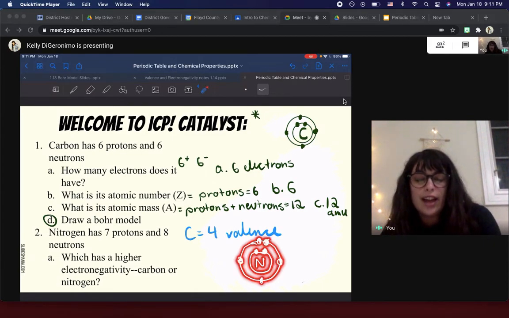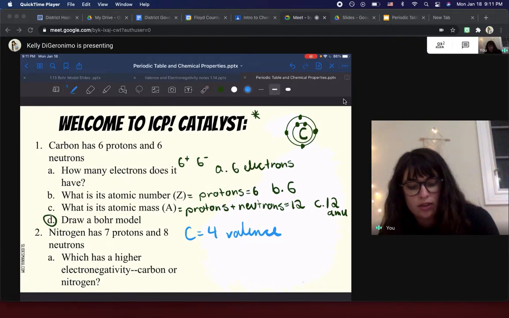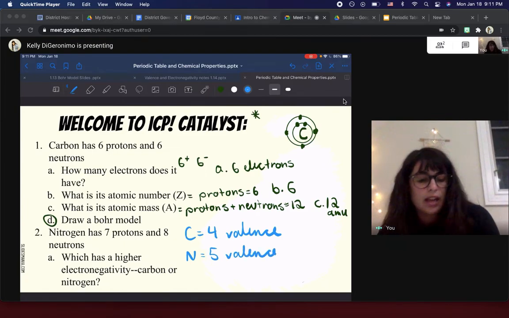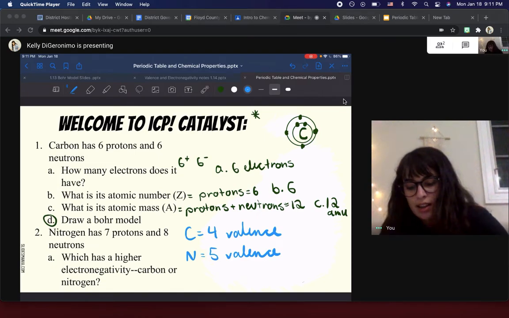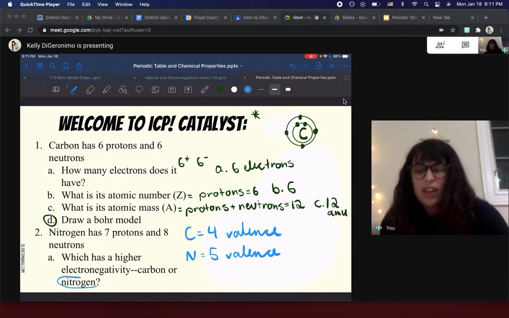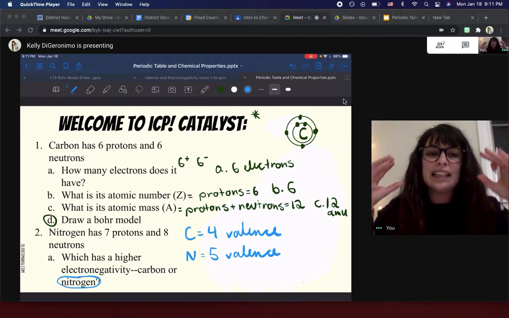So nitrogen has 5 valence electrons, and it's closer to filling that last shell. So nitrogen equals 5 valence electrons. Because it has more valence electrons and it's closer to filling out its shell, nitrogen is more electronegative. It wants those last electrons so bad. It just wants to be done.